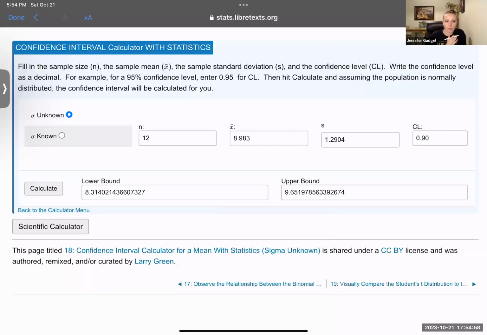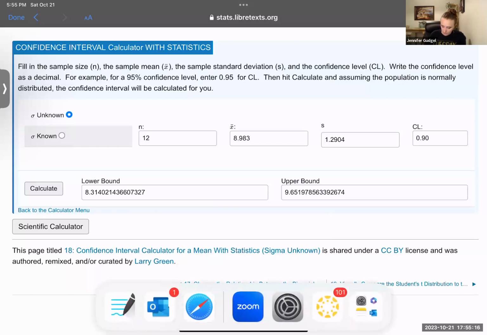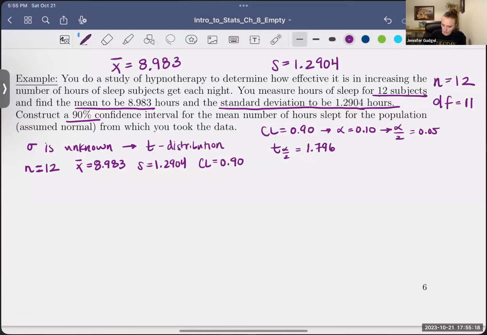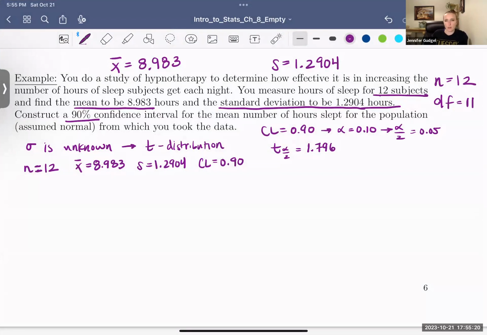We get 8.3140 and 9.6520. Because we round, the 9 gets rounded up, which carries it one more place over because there was a 7 in that 5th spot. So make sure you're practicing rounding as well. That's something that I feel like I've noticed a bit of an error on.